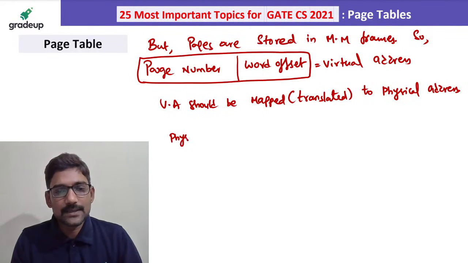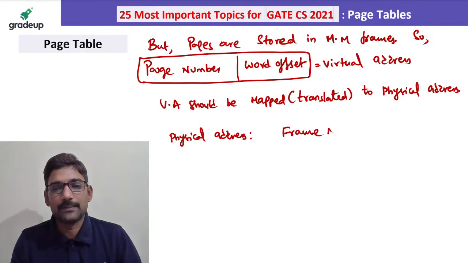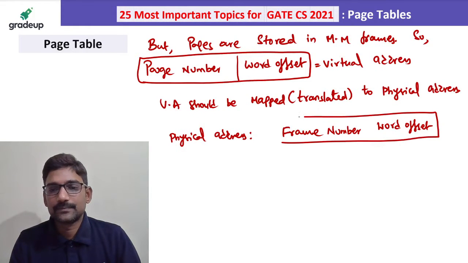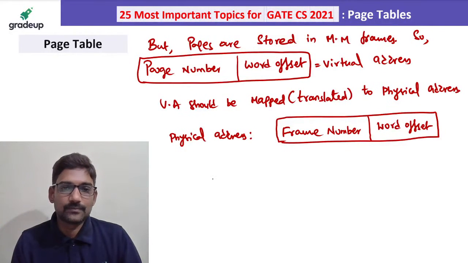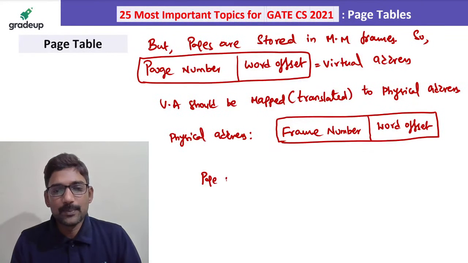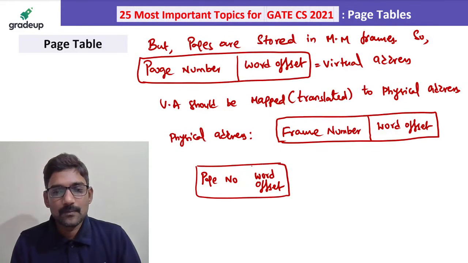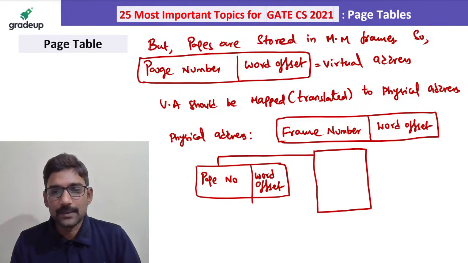What is physical address? For that page number, what is the corresponding frame number? That is what is stored in physical address. And the offset remains same. So if we have page number with word offset, this is verified in the page table.